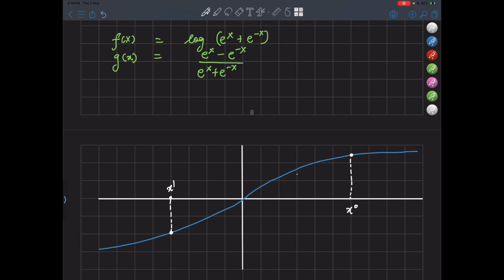It will then converge to this point. It will keep on coming closer, and at the end it will come to a point where g(x) becomes 0. That's the thing.